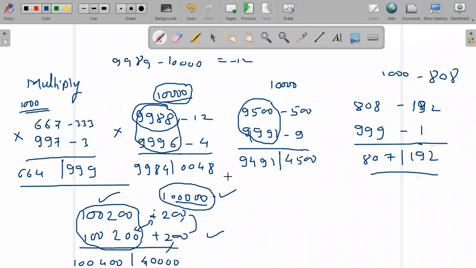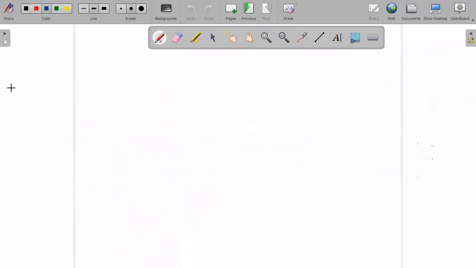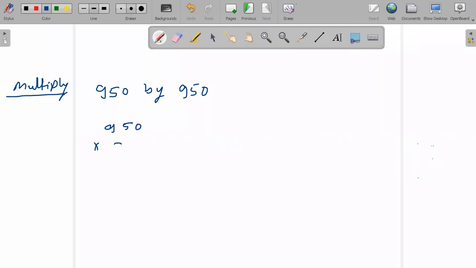And second case is what happens if this multiplication. Now let me take one example and then we will start. So multiply here 950 by 950 with the procedure. Okay, 950 into 950.